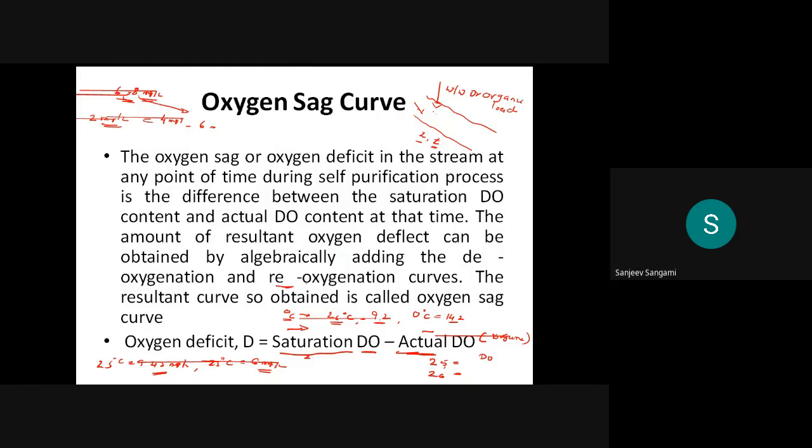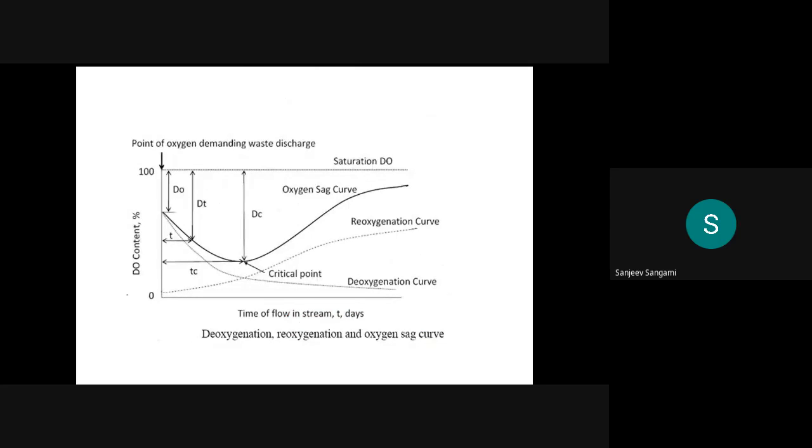So we'll move on to the reoxygenation and deoxygenation curves, and we are using some terminologies also. This is a very important curve. With this definition, we are going to derive the Streeter-Phelps equation in further classes. But these terminologies are very important.